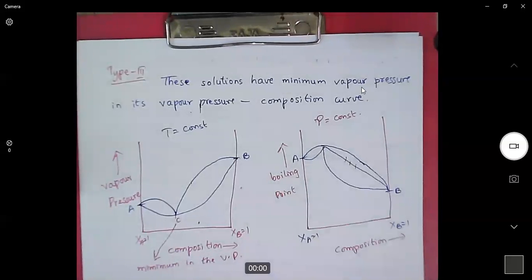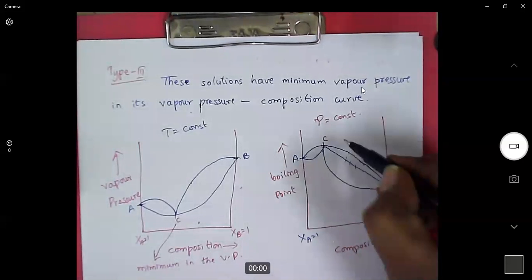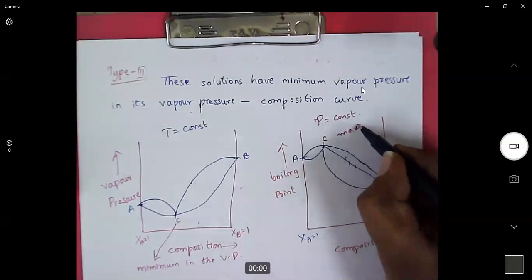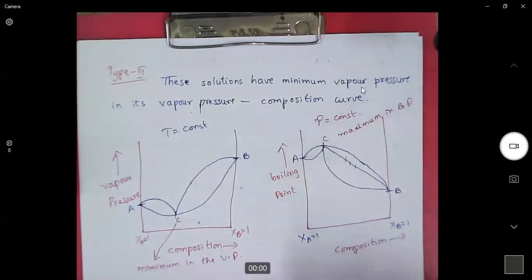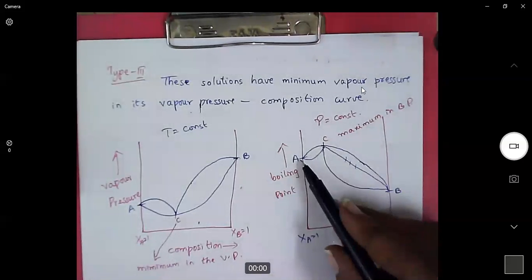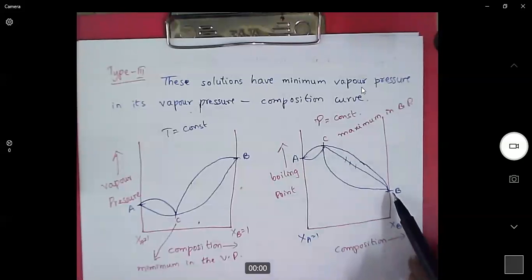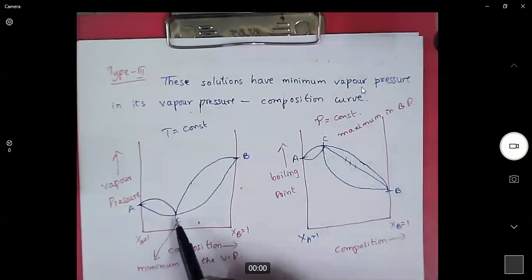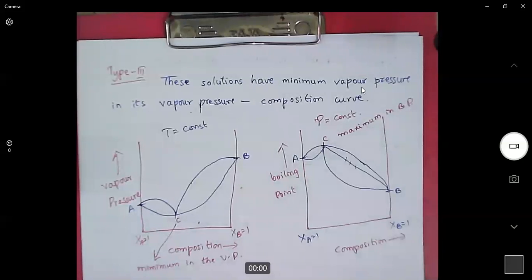The solution of the mixture of A and B will have a high boiling point, a maximum in boiling point. The solution will boil at a much higher temperature than both the individual A and B. Here see, this is the boiling point of A and this is the boiling point of B. But since the solution is showing a minimum in the vapor pressure, it will show a maximum in the boiling point.